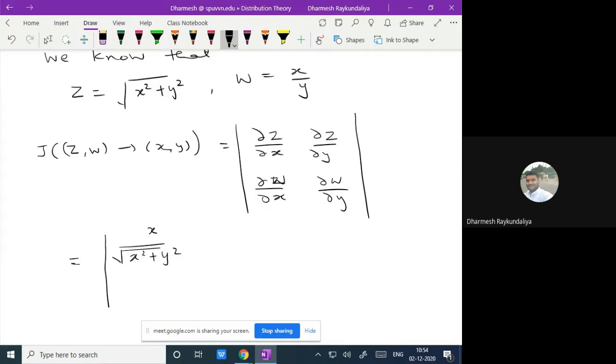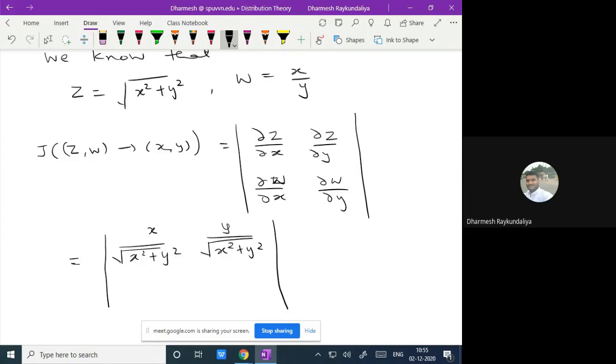And similarly, if you take the partial derivative of Z with respect to Y, what will you get? The derivative is 1 upon twice of square root of X square plus Y square into 2Y. So 2 cancels out, so it is nothing but Y upon square root of X square plus Y square. Now what is the W?